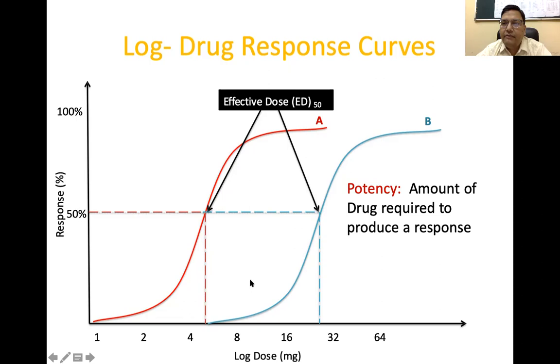So a rightward shift of the log dose response curve means more requirement of the drug, and so the potency of such a drug is lower. Drug A is more potent as compared to drug B, or drug A will be required in lesser amount as compared to drug B.